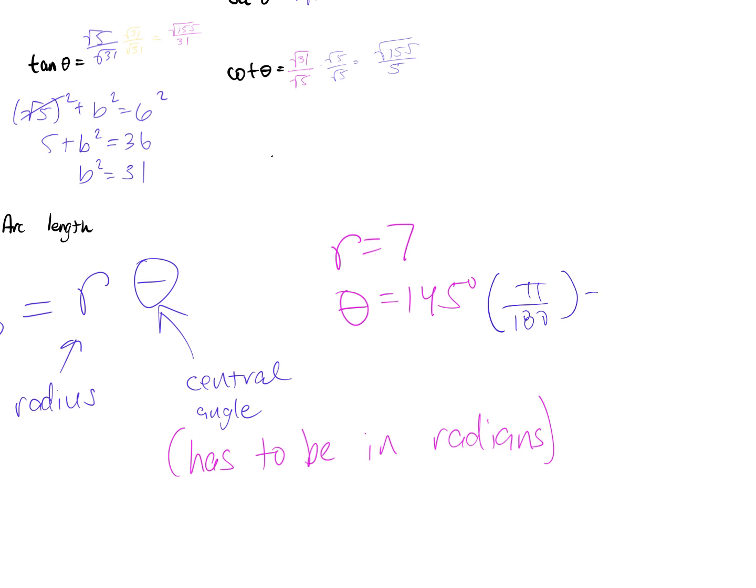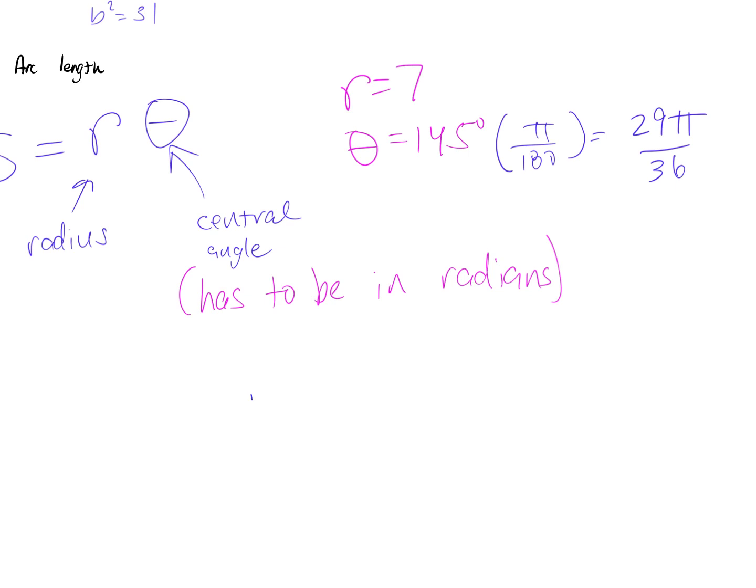So when you do this, if it says leave your answer in terms of pi, then 90% of the time you're going to have a fraction. Don't tell me, oh, it doesn't reduce. It does reduce, guys. It just isn't pretty. This becomes 29 pi over 36. So you have to read the directions.